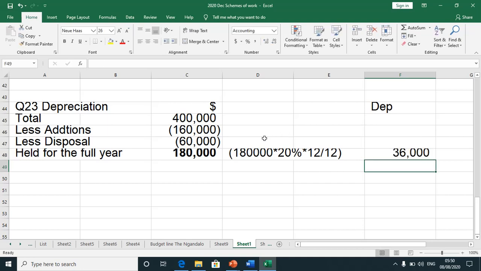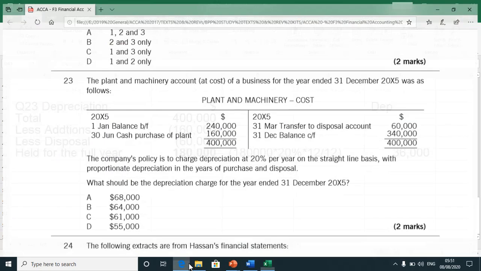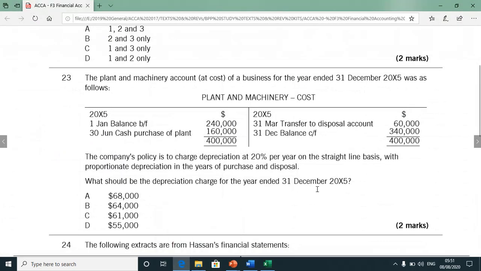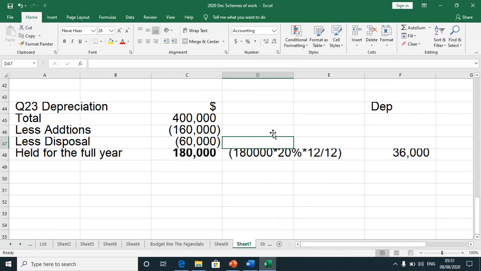Then for the disposal, I have to be careful with the date. My cut-off is 31st December. I disposed of these assets on 31st March. So really, I held the assets for 3 months during the year. I hope that you can see that. So I will write something for you so that you can appreciate what is going on. 20% by 3 divided by 12.